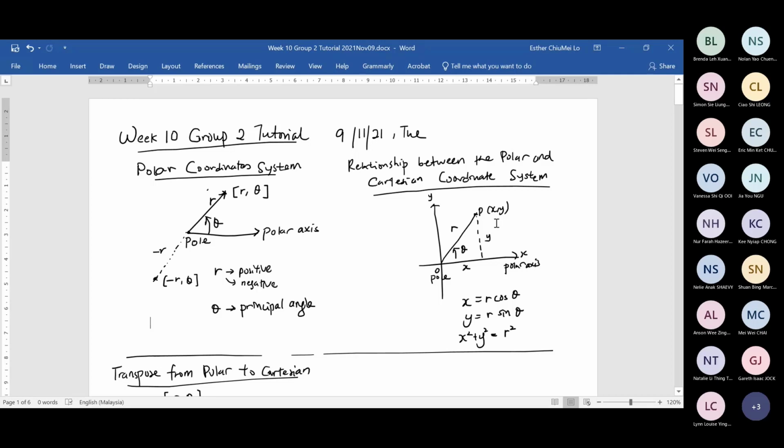To find x, x equals r cos theta, y equals r sine theta, and x squared plus y squared equals r squared.